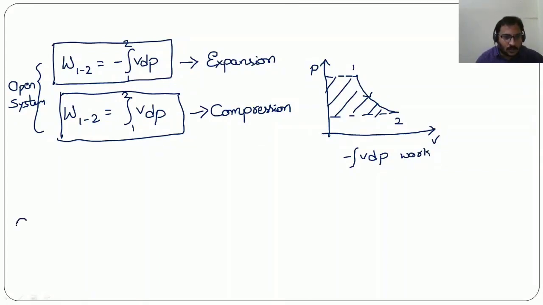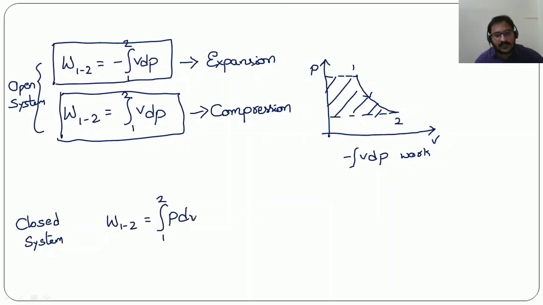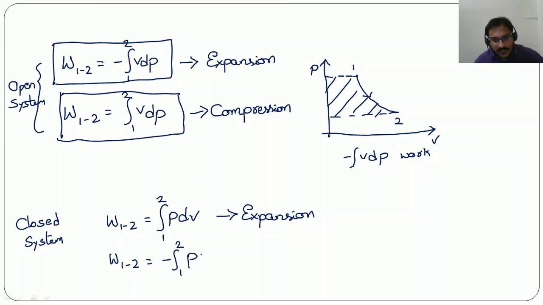Suppose if you take closed system, the formula for work done during expansion is taken as integral 1 to 2 PdV. So this is expansion work. And for compression, the work done formula will be minus integral 1 to 2 PdV.